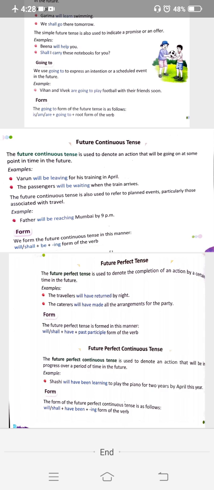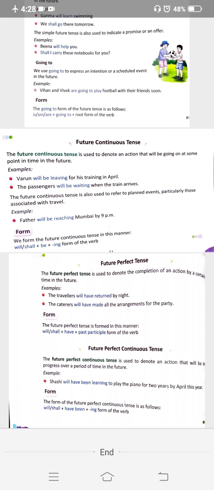As you can see here, the future continuous tense is also used to refer to planned events, those associated with travel. For example, father will be reaching Mumbai by 9 p.m. This is an example of a planned event associated with travel.